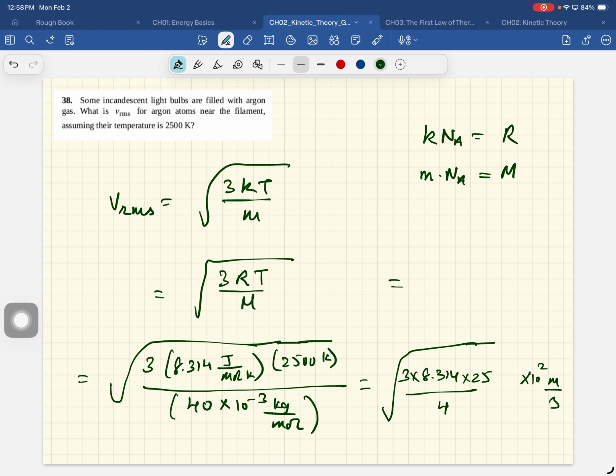The temperature is higher, the molecule is heavier, and so that's the speed. The temperature in this room is about 300 degrees Kelvin. So this temperature is about 10 times greater. Square root of that is about 3. So that's a factor of 3.